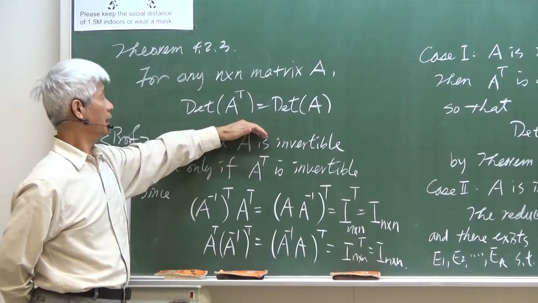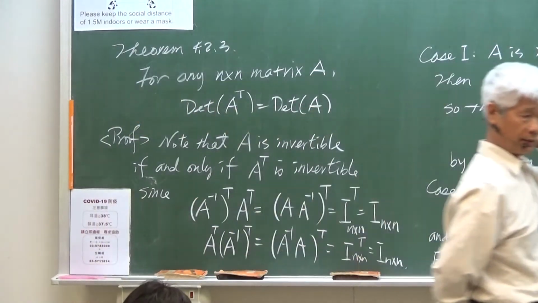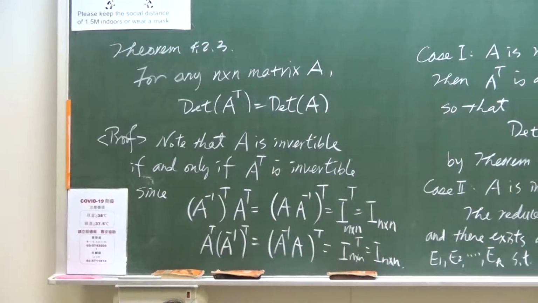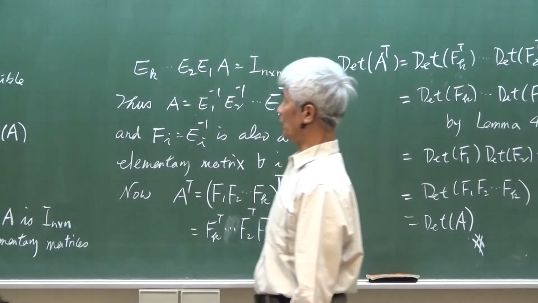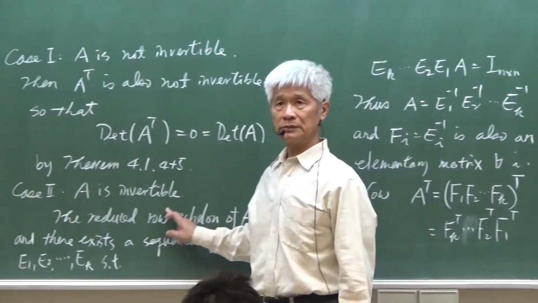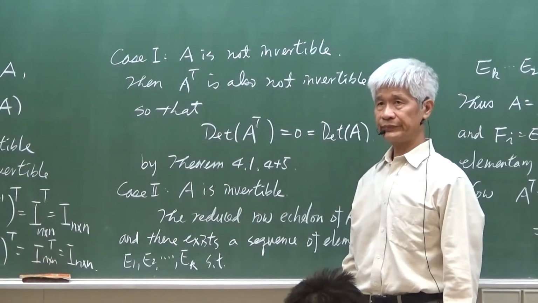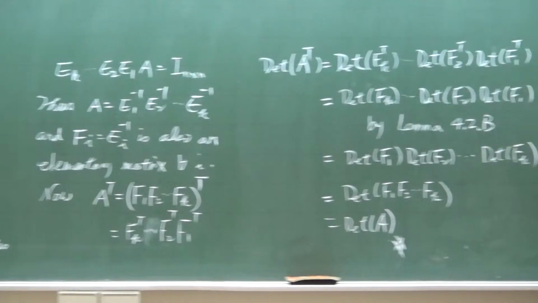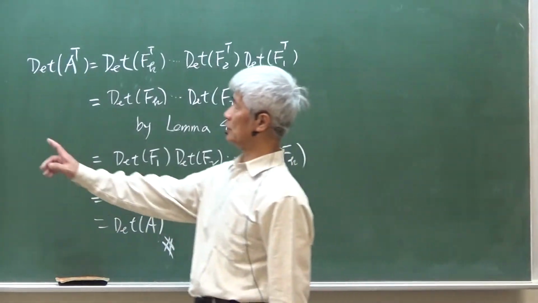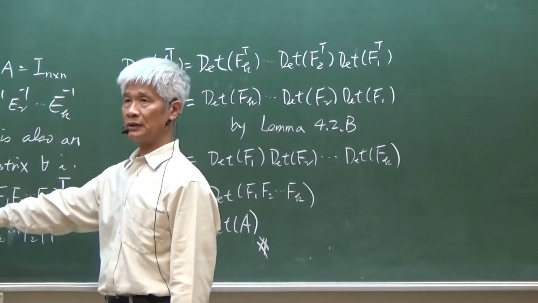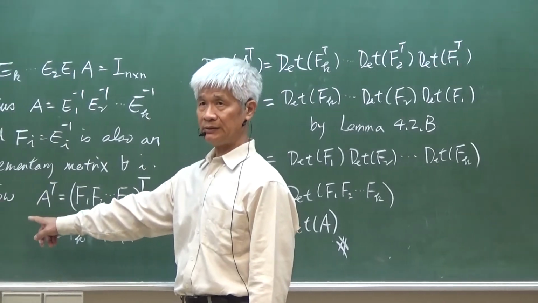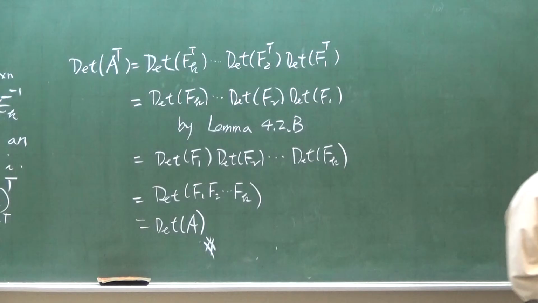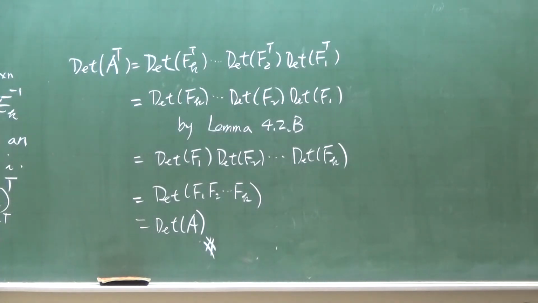And we take this fact as an advantage to prove the general case when A is invertible. And then we also resort to Gauss-Jordan elimination, row operations. Any questions?